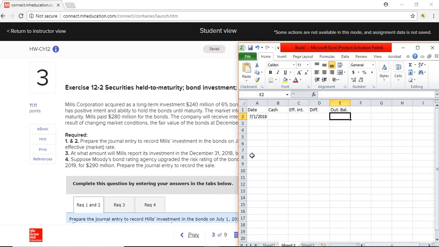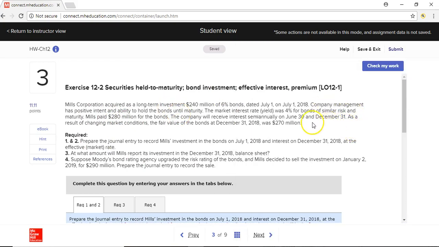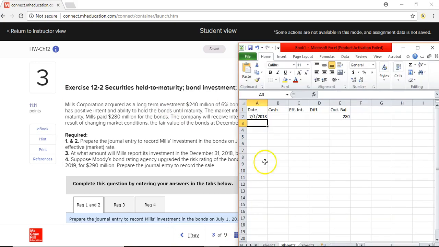So the outstanding balance is the amount they paid to buy the bonds, $280 million. The issuer will pay interest June 30th and December 31st every year. So the next interest payment date after July 1st will be December 31st.